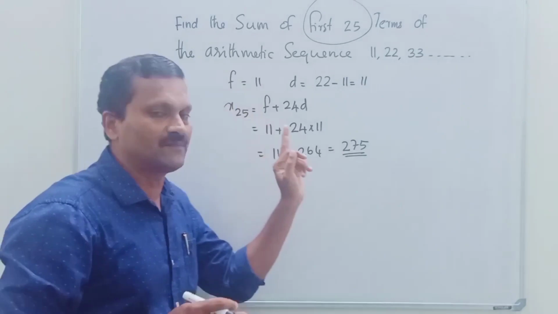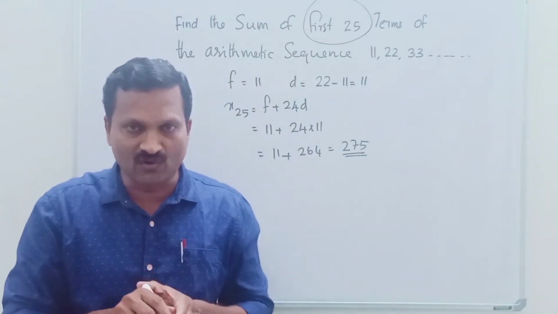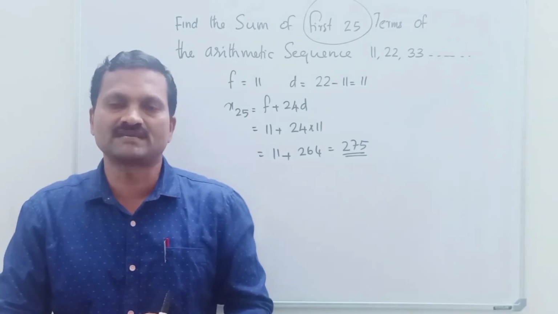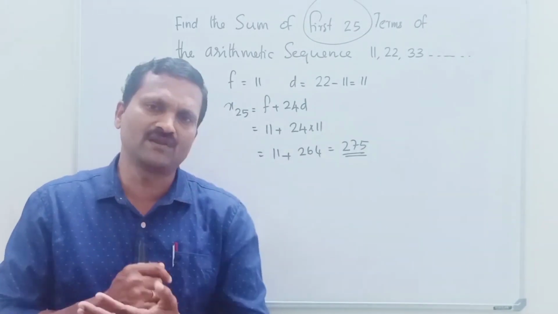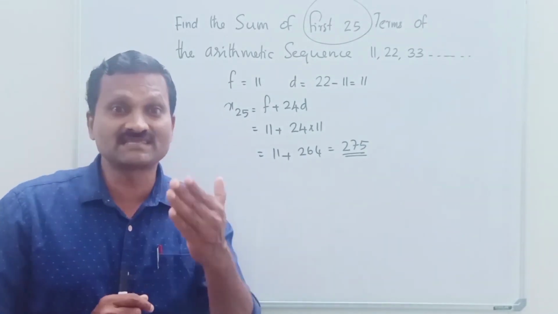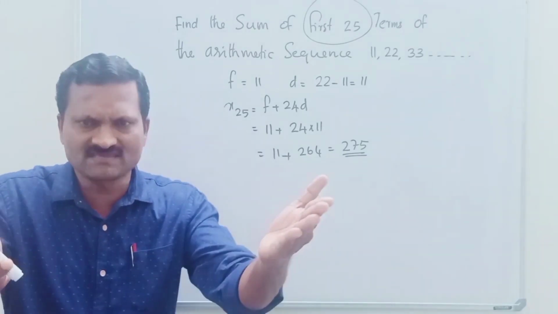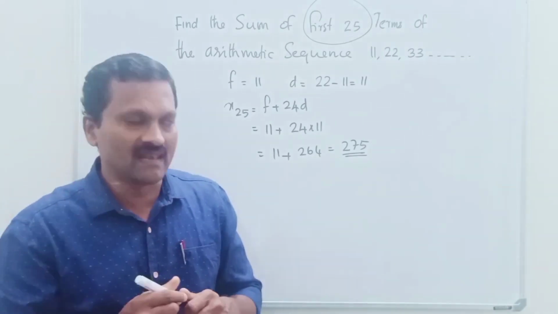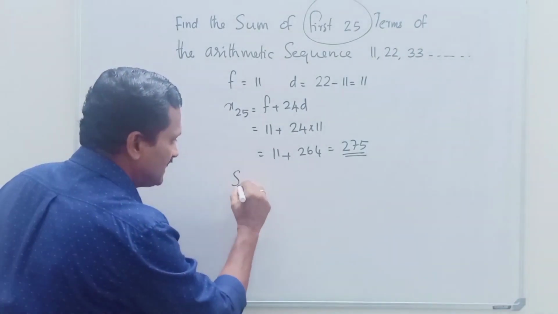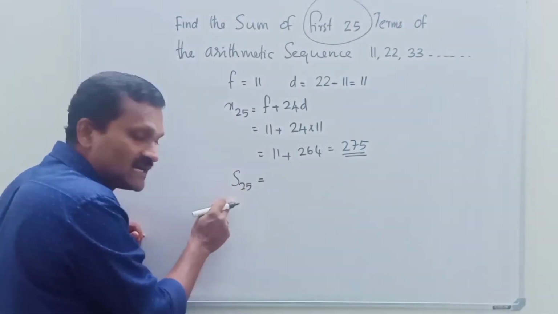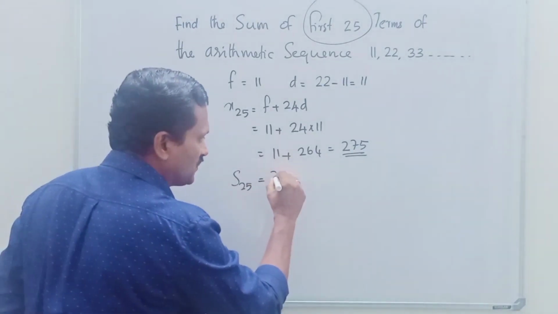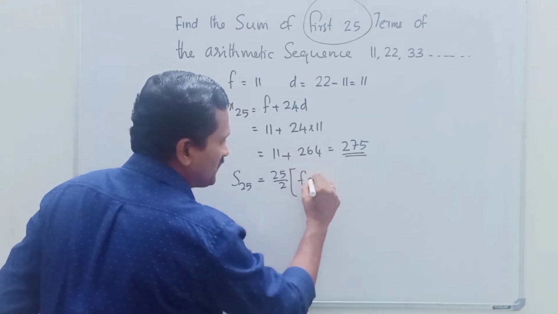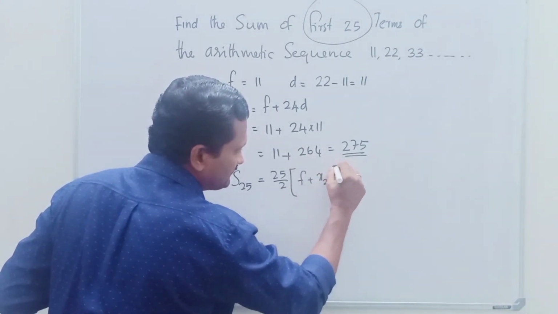Now the first term and the 25th term are known. Then using this, how to find the sum of the first 25 terms? Everybody knows the formula to find the sum: n by 2 into the first term plus the last term, right? Then S25, the sum of the first 25 terms, equals 25 by 2 into f plus x25.